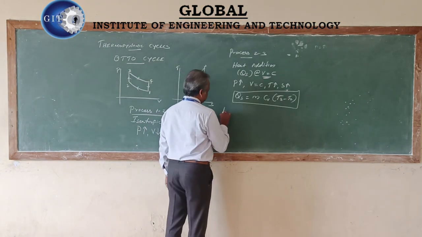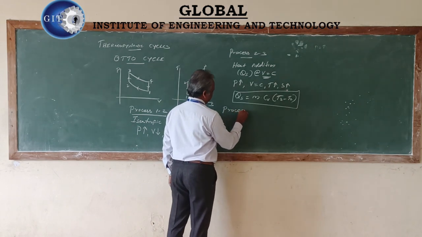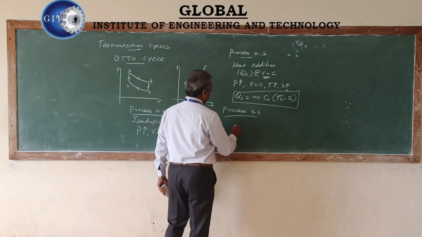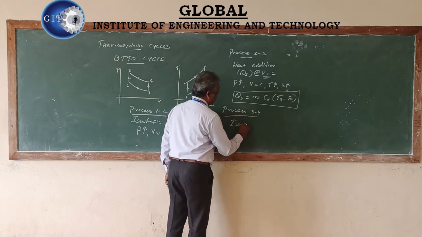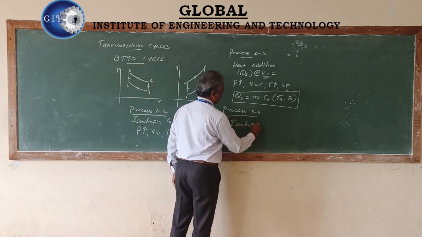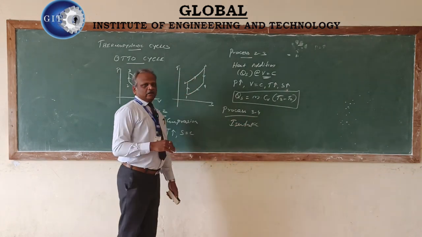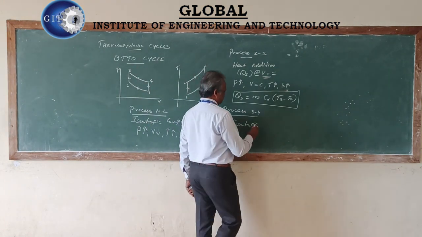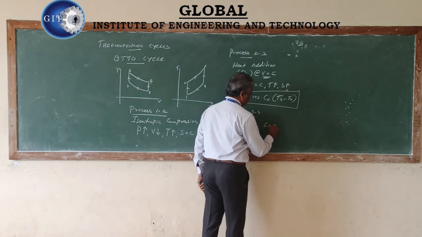Now we are moving to process 3 to 4. It is again an isentropic process, but now the gas is expanded. After getting the heat, the gas is expanded, so it is an isentropic expansion process.